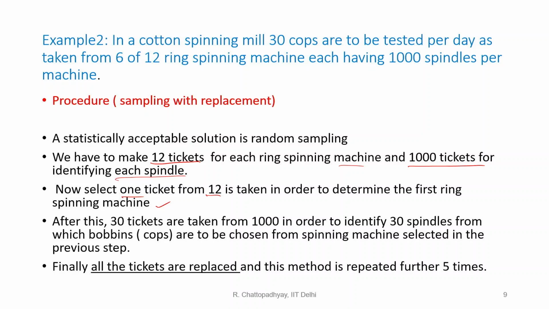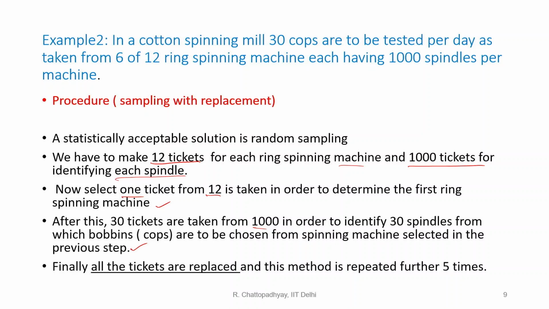So one ticket out of 12 we will choose, and this selection also can be done based on random numbers. So we can select randomly. Once it is done, then 30 tickets are taken from 1000 in order to identify 30 spindles from which bobbins are to be chosen from the spinning machine selected in the previous step.